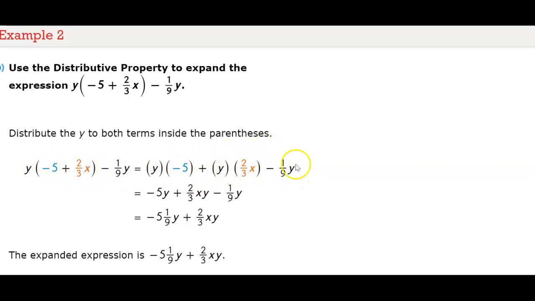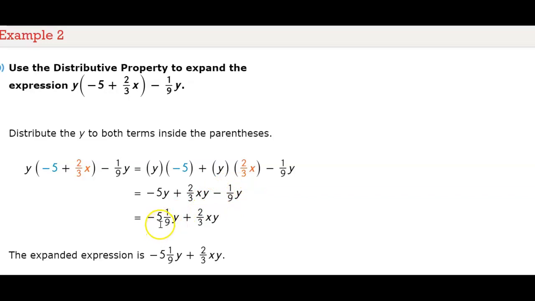And then we have -1/9 y, we just write on the end. Then you combine those terms and they look like this: -5 times y plus 2/3 x times y, because remember we already had an x and now we're multiplying the y, and then we still had the -1/9 times y.